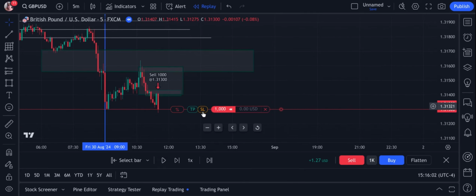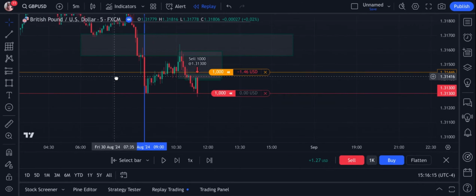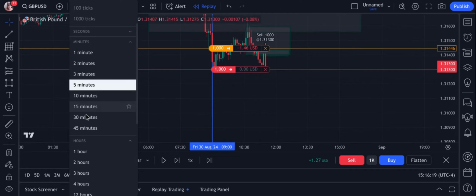Sell. Stop loss. I have taken this trade before. I'll put this stop loss above these highs here. Then scale into the 30 minute.